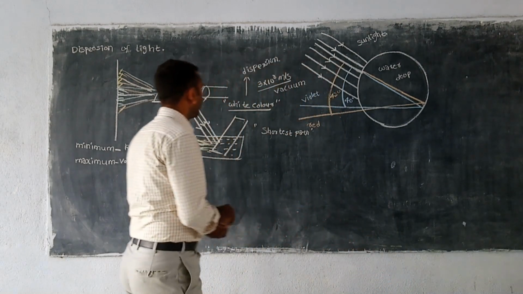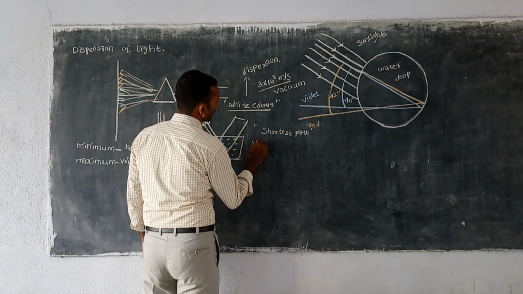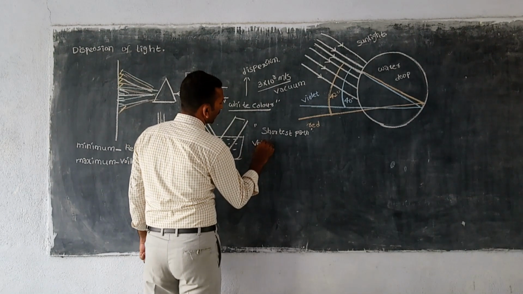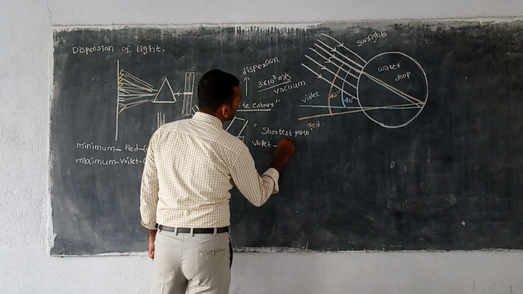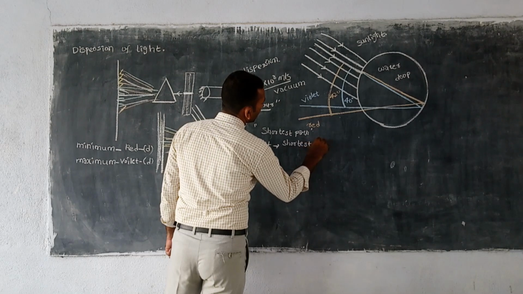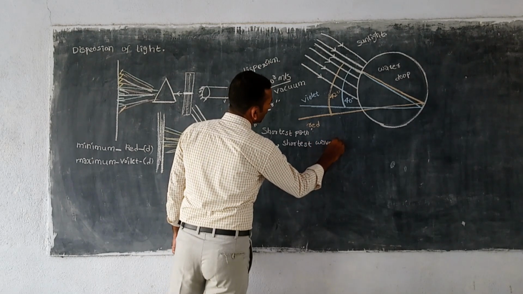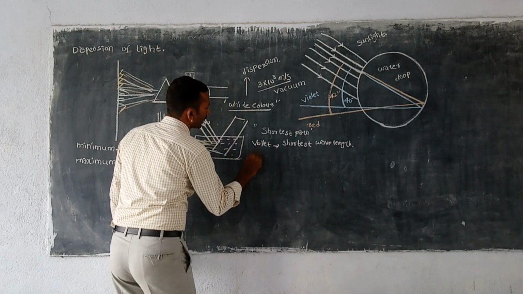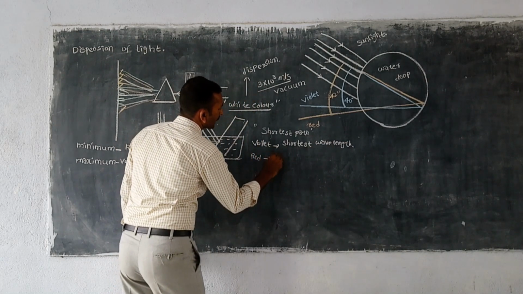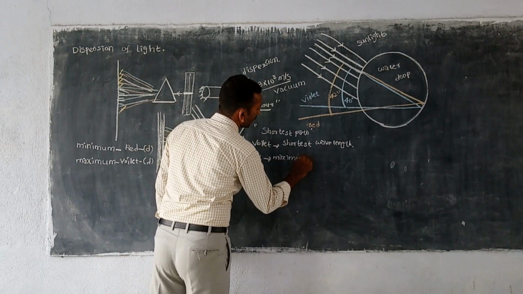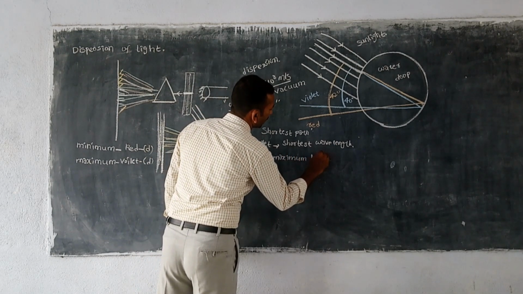So violet color contains the shortest wavelength, and red color contains the maximum, that means the longest, wavelength.